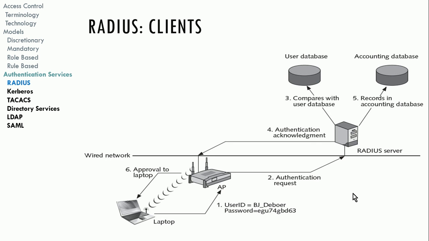The important thing to notice here is that when a user is authenticating to the network with something like Radius with 802.1x, they're not actually connected to the network yet. So this is before they get an IP address. This is all happening before they get on the network. So it's not like they have to connect to the network in order to authenticate, which is traditionally how network security works.